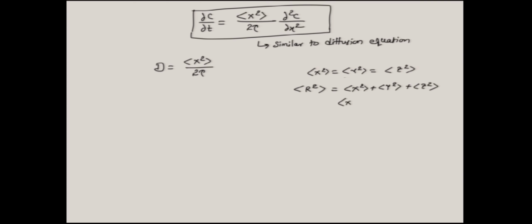Since average of x square equals average of y square equals average of z square, we can write average of x square as average of r square divided by 3, and if we substitute here we get, for an isotropic cubic lattice, D is equal to r square by 6 tau.